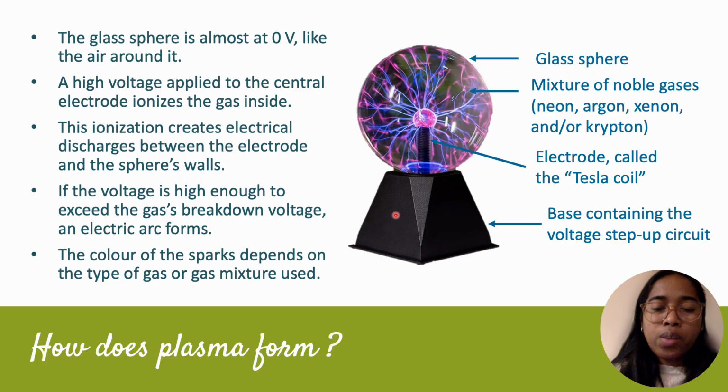If the voltage is high enough to exceed the gas breakdown voltage, an electric arc forms, and the color of the spark depends on the type of gas mixture used. It can be neon, argon, xenon, krypton, or a mixture of those.